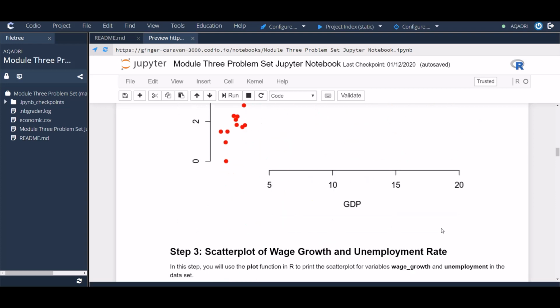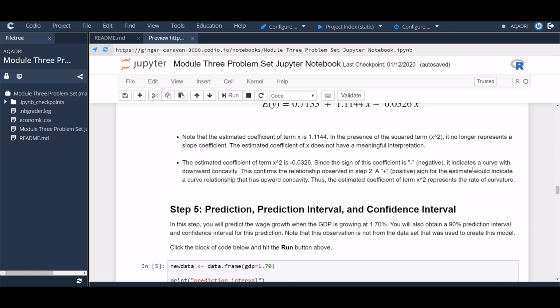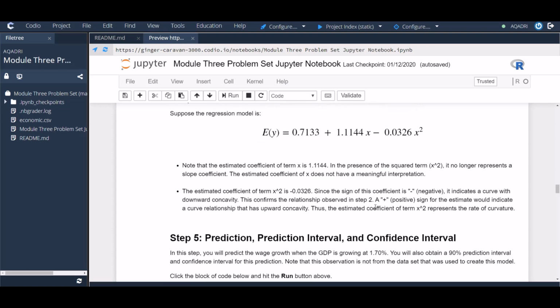That's why we have here that it indicates a curve with downward concavity. This confirms the relationship observed in step 2. That's the scatter plot that we just saw.